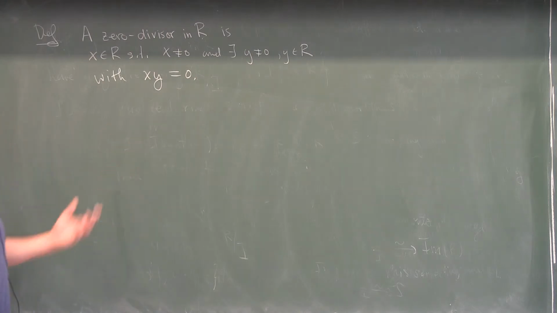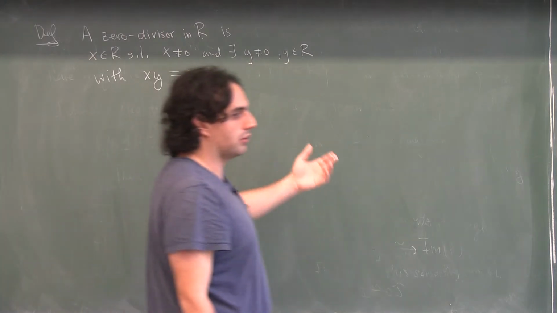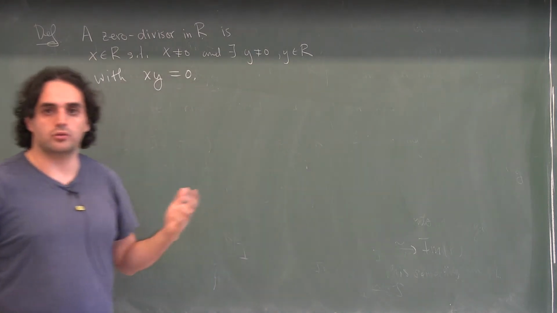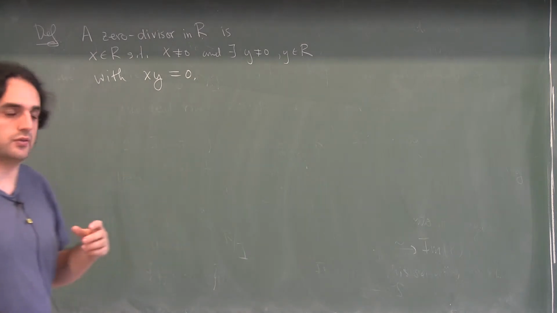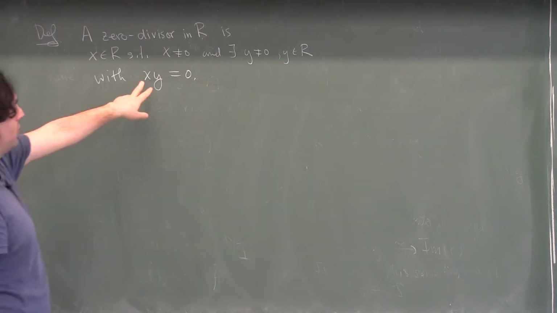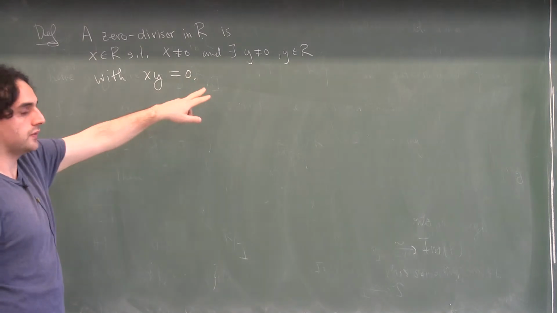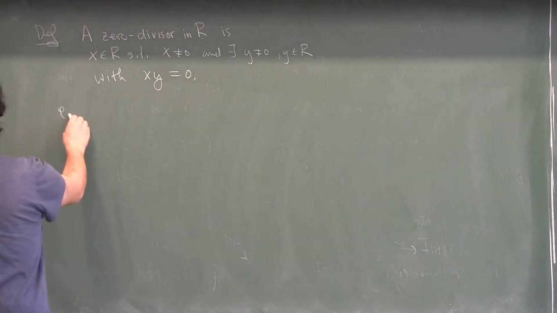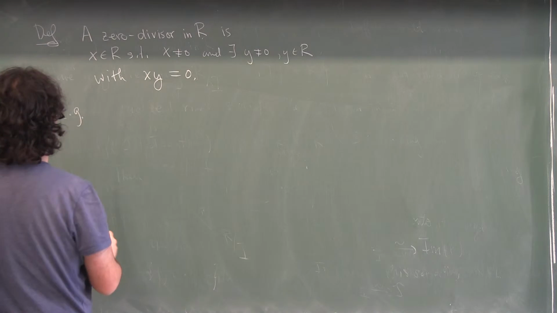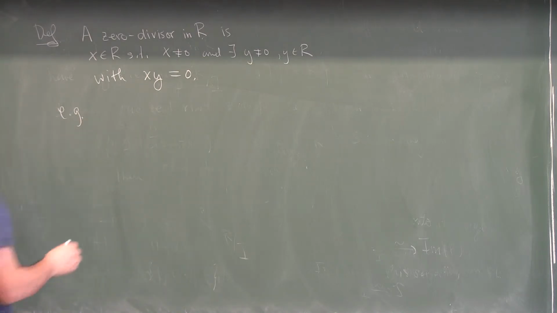So this might be counterintuitive. In many of the rings that you are used to, there do not exist zero divisors, where you have two non-zero elements and their product is 0. But for an example, we can go back to our Z mod NZ with n not prime.